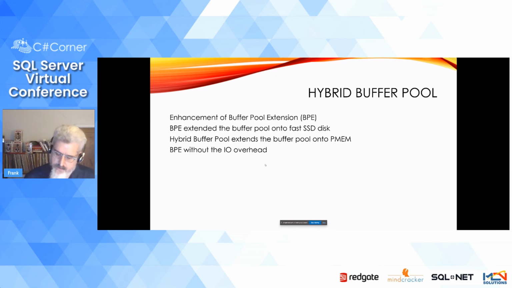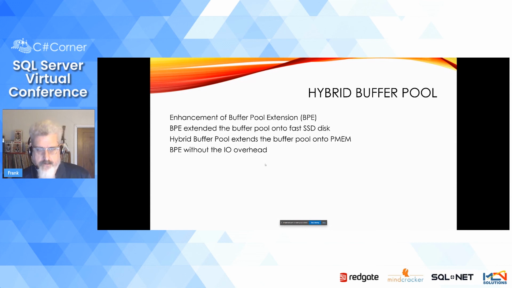What buffer pool extension allowed you to do was to install a fast SSD drive in your server, and you could tell SQL Server, okay, use the SSD drive as an extension of my memory. That's not as fast as memory by a long shot, but it's still faster than having to go to a traditional disk and pull data back into memory.